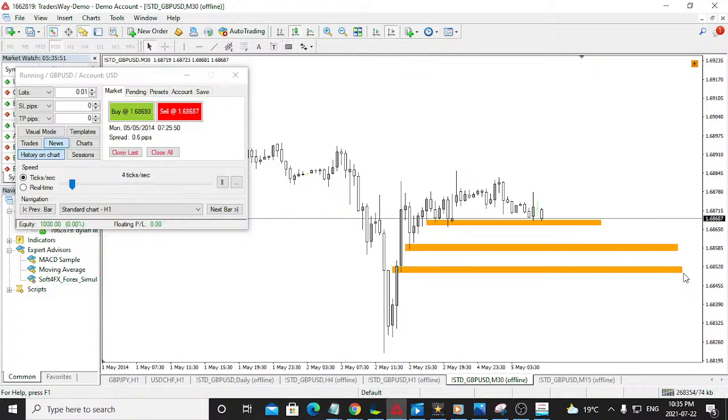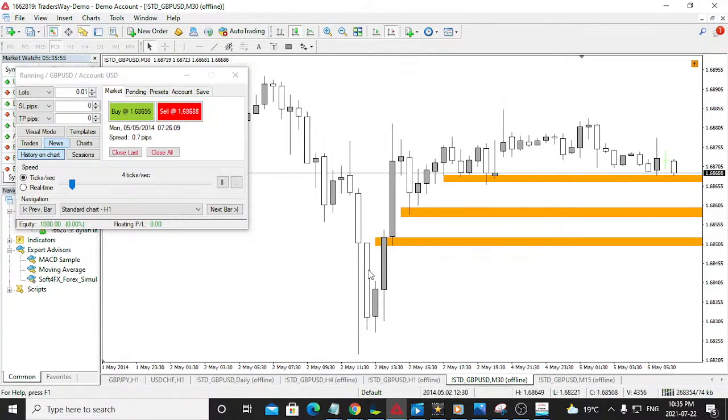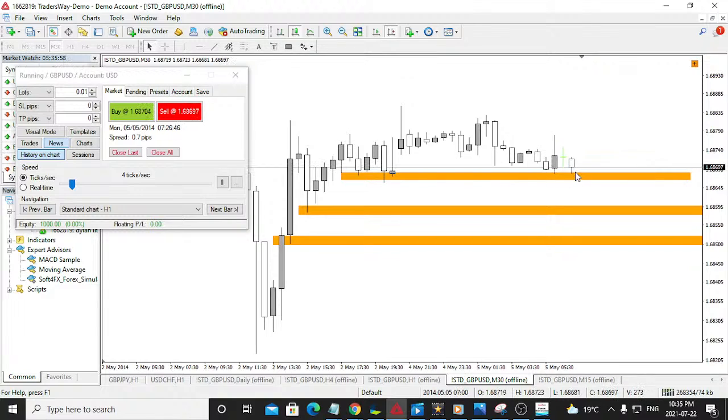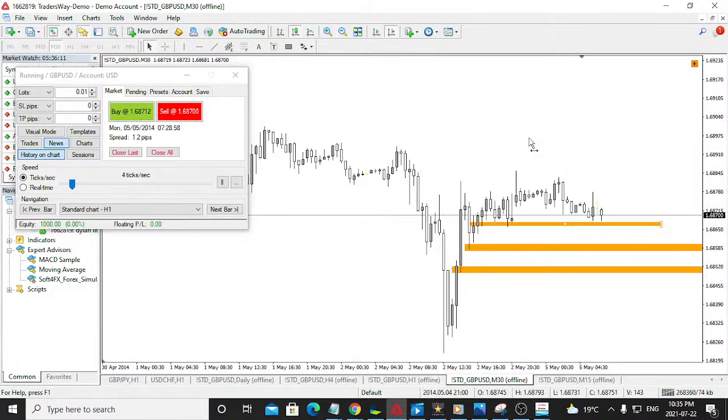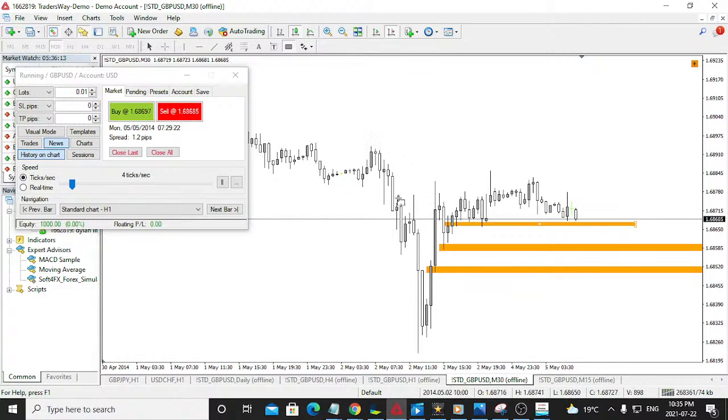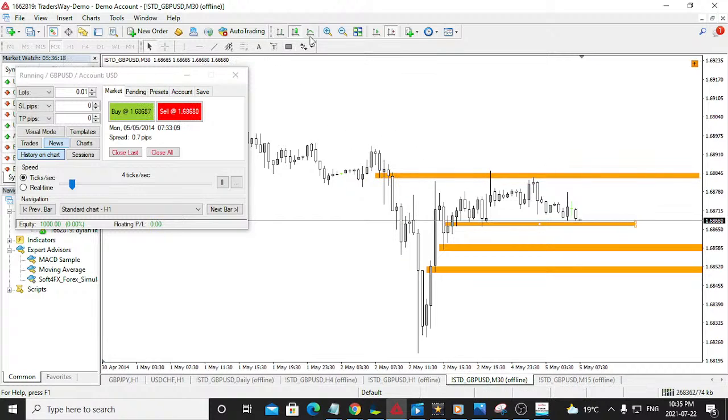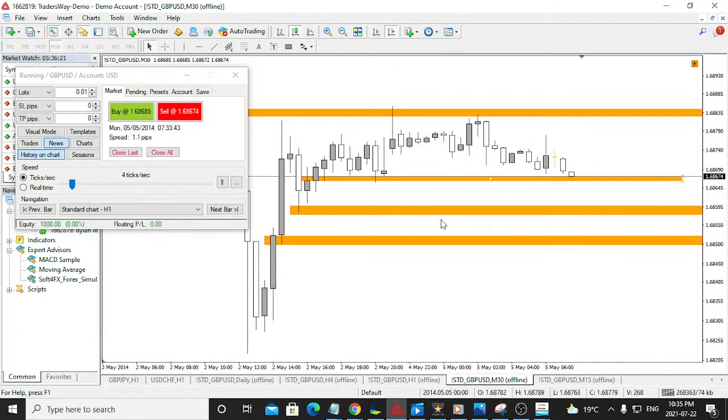So as price breaks this low here, I'm thinking about getting into a sell. We have this wick right here. We'll see. So I'm going to be a bit more aggressive here and just start to actually trade here.